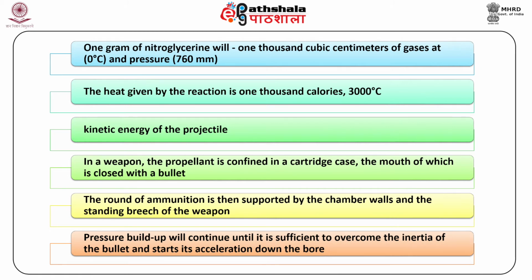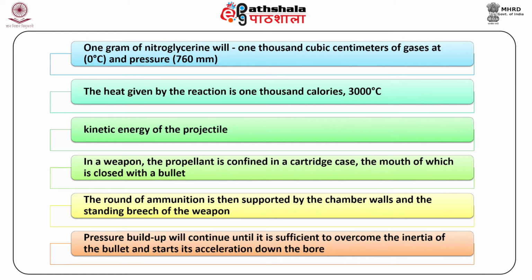The heat given by the reaction is also tremendous, about 1000 calories. The temperature may cross 3000 degrees Celsius. Only a portion of this energy is converted into kinetic energy of the projectile. Most of it is wasted.